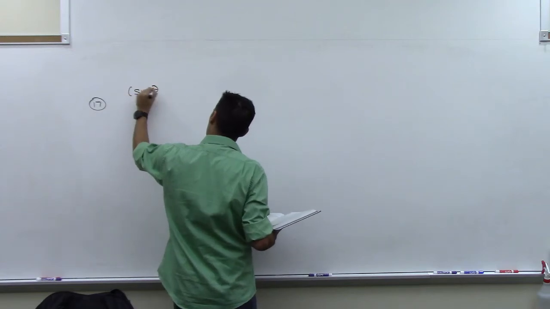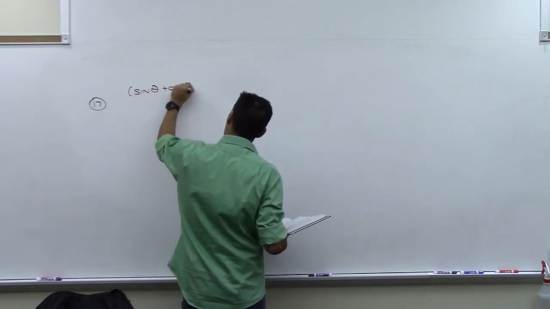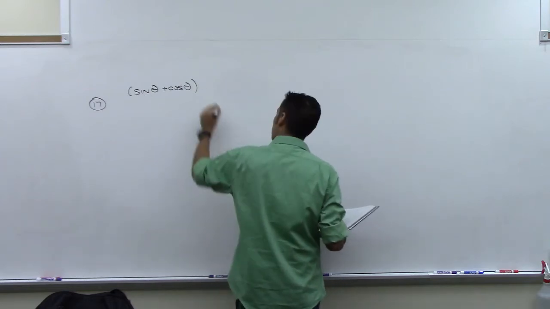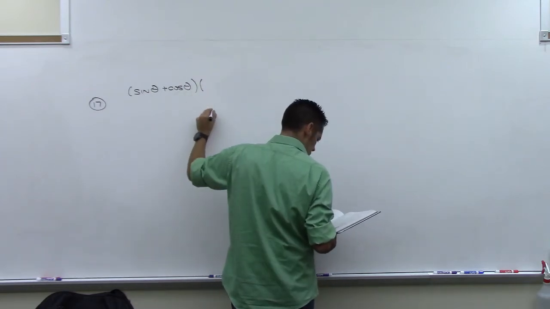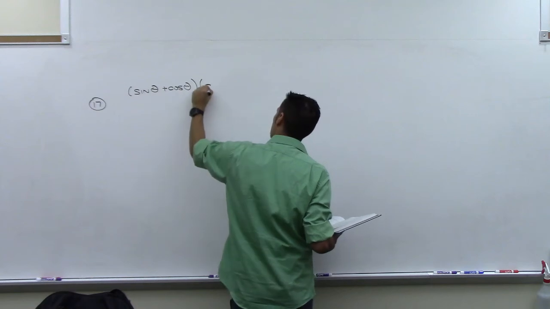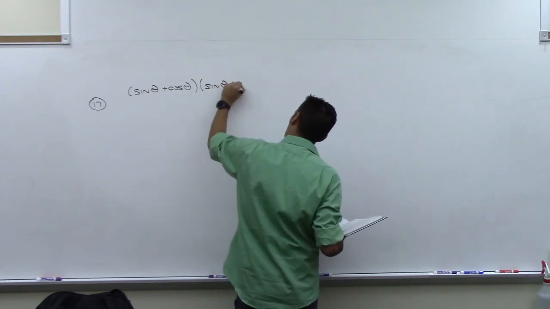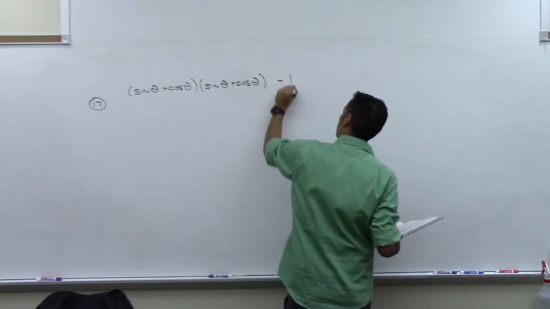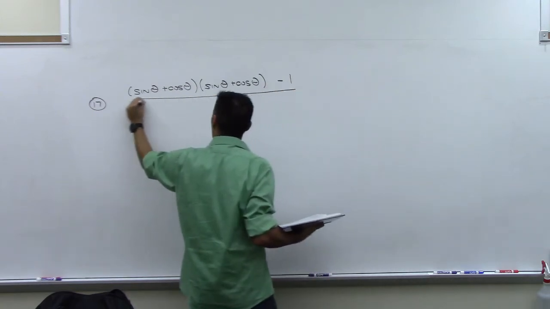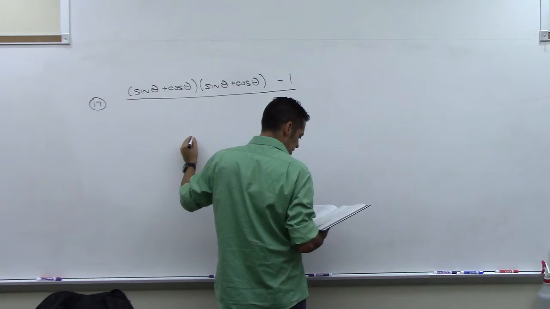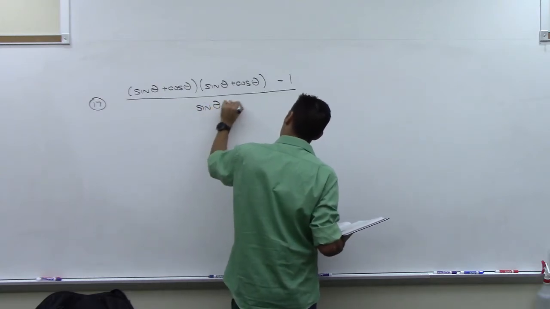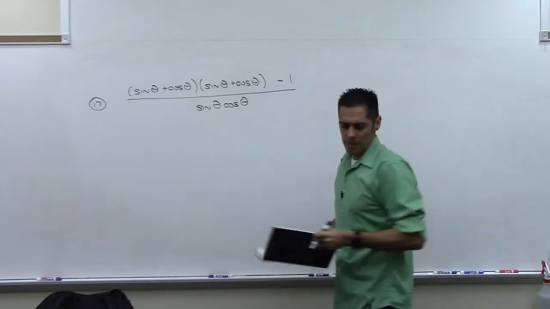Sine theta plus cosine theta in parentheses, and then sine theta plus cosine theta again. And then all of that minus 1. Then all of that over sine theta, cosine theta. What a mess.